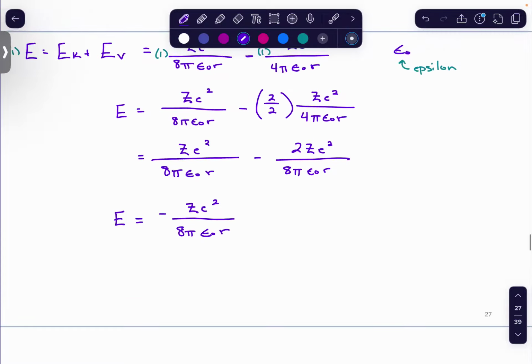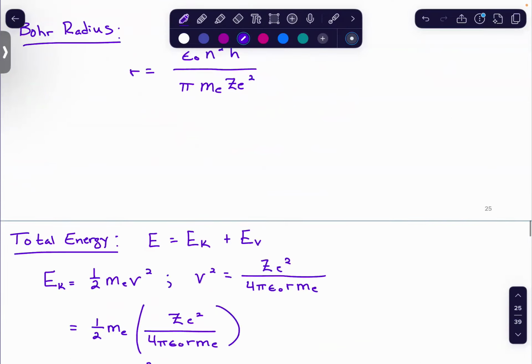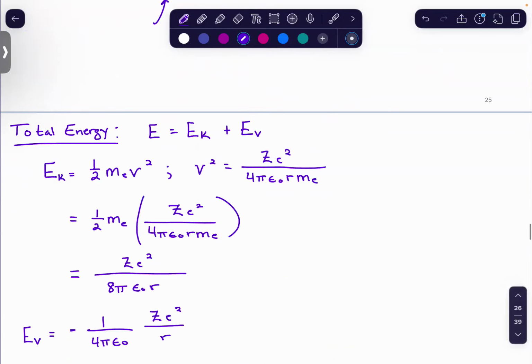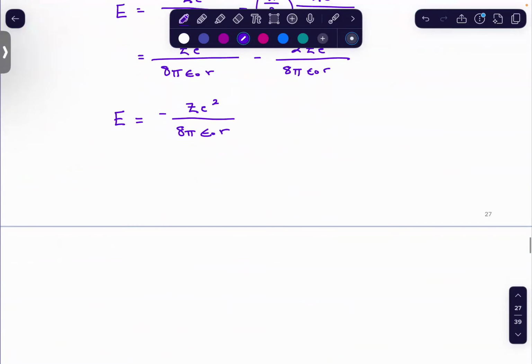Okay. However, we have a value for r. Let's scroll back up for a minute. We have our Bohr radius, and we can plug that in. Okay, this is going to be fun. Negative 8 pi epsilon 0.